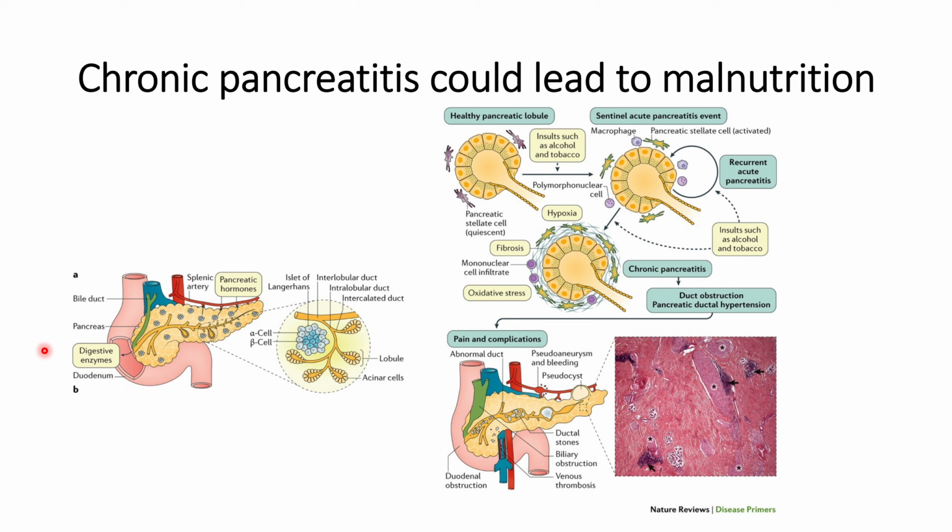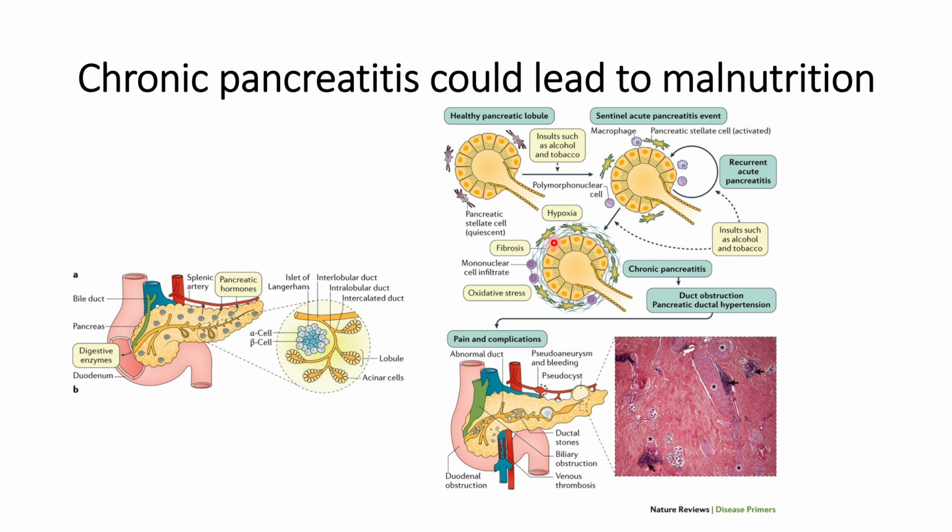And when this digestive enzyme process gets disrupted, people will not be able to consume enough food necessary for their daily activities, and with time it will cause malnutrition in patients affected with chronic pancreatitis. And this will further aggravate the disease condition within the patients.